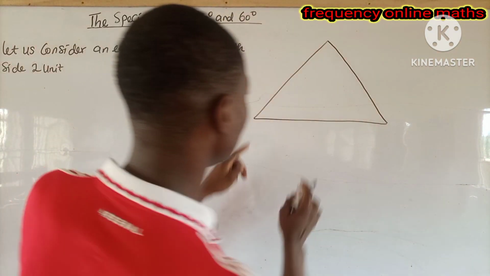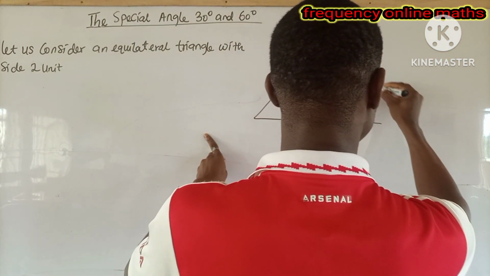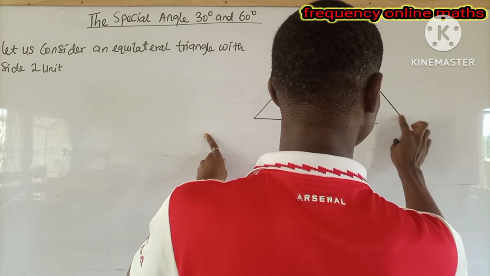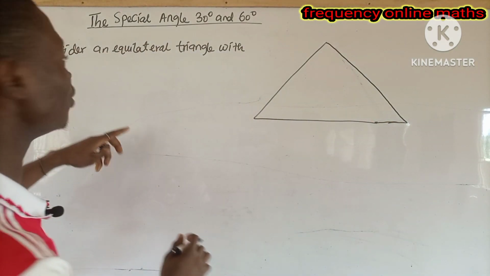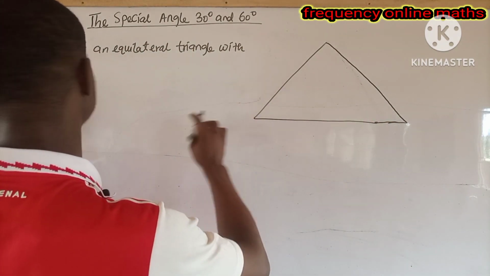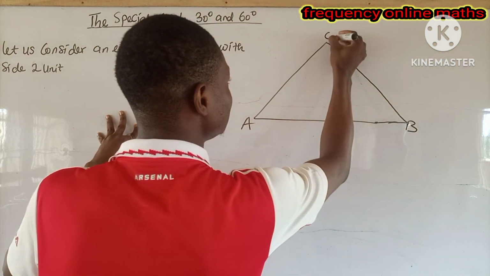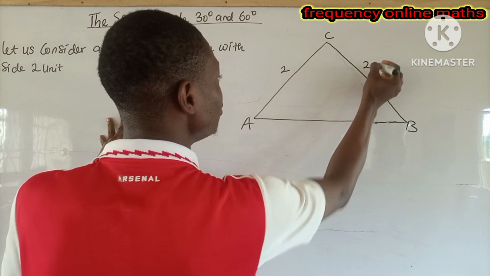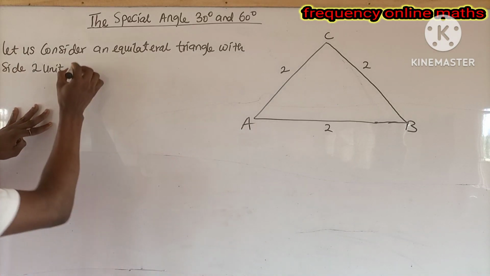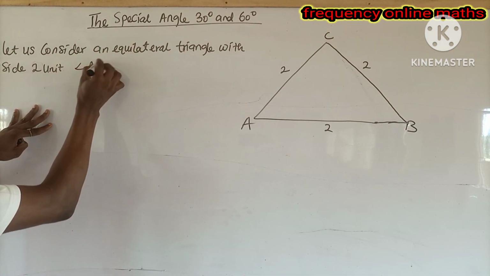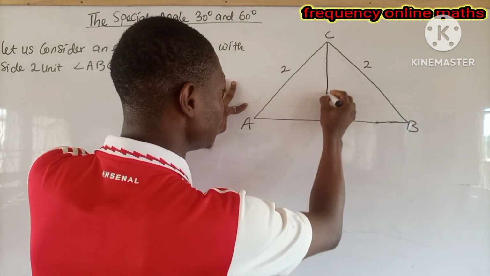Let me draw it well. This triangle, with sides of 2 units, we can call A, B, C. So 2 units, 2 units, 2 units. Now we can have a perpendicular bisector from C to line AB.